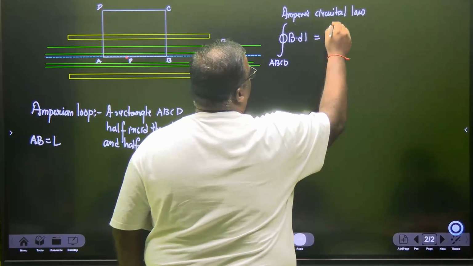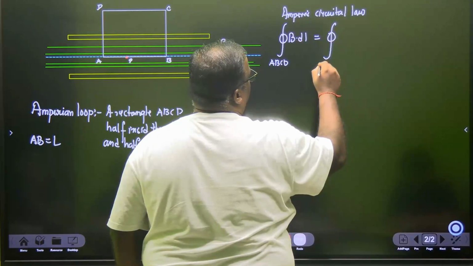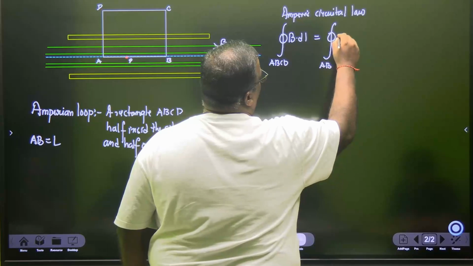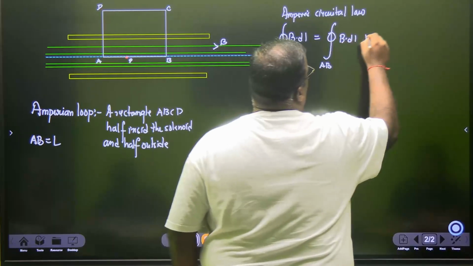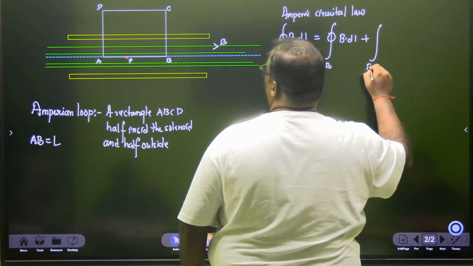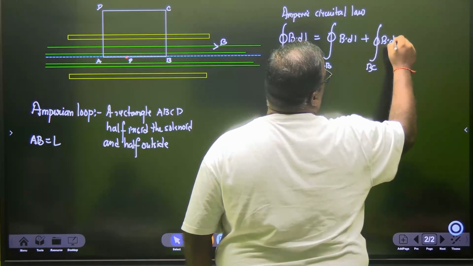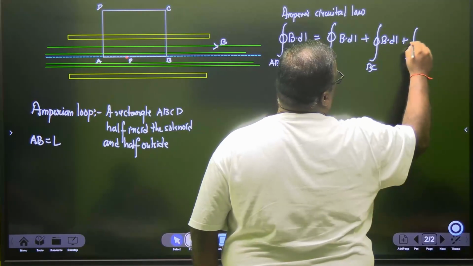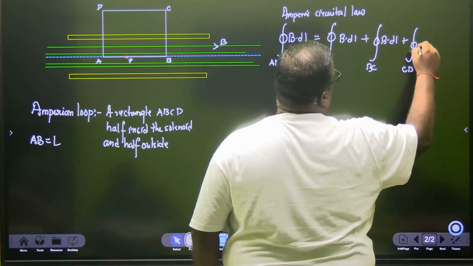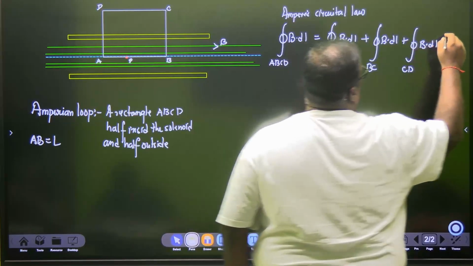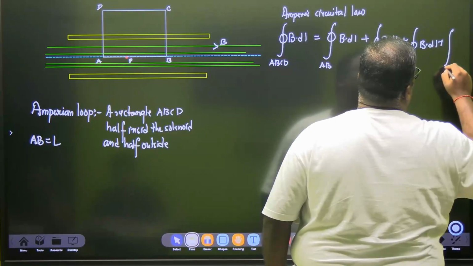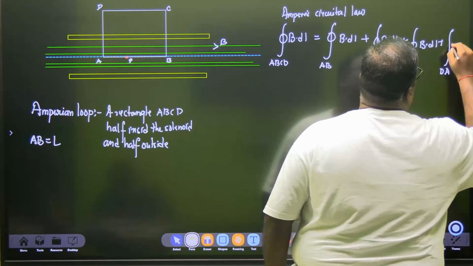Can I not write this as the integral over AB of B dot dl, then the integral over BC of B dot dl, then the integral over CD of B dot dl, and then the integral over DA of B dot dl?